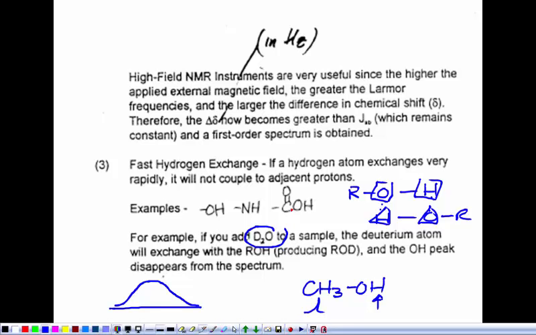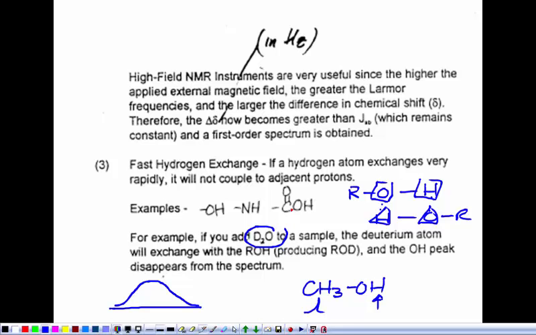So if we end up with an OH peak in our spectrum and we want to confirm that it's OH, we add D2O to the sample, shake it, reacquire the spectrum, and if that peak disappeared, it was OH. So that's how we can tell that a peak is really an OH exchangeable.